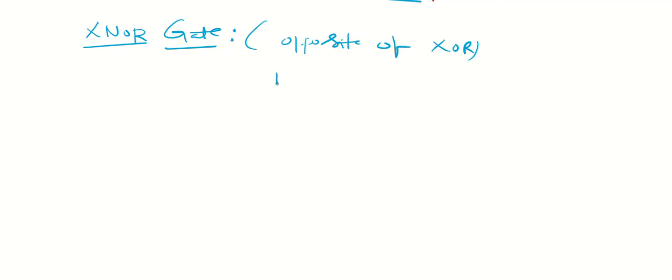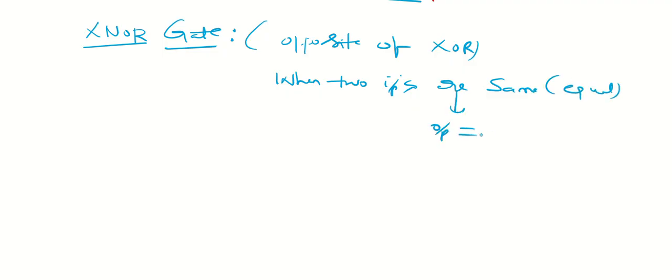That means when two inputs are the same or equal, the output is 1. So the expression for the exclusive NOR is A B plus A bar B bar. This is the expression.